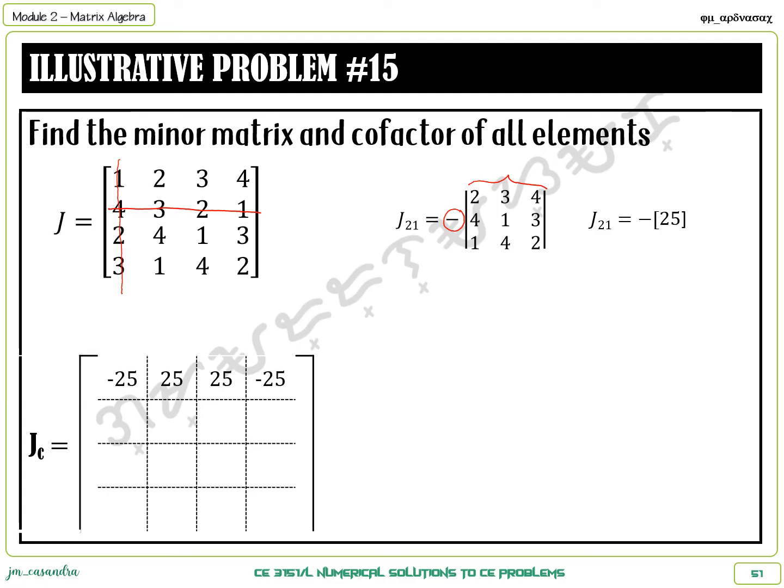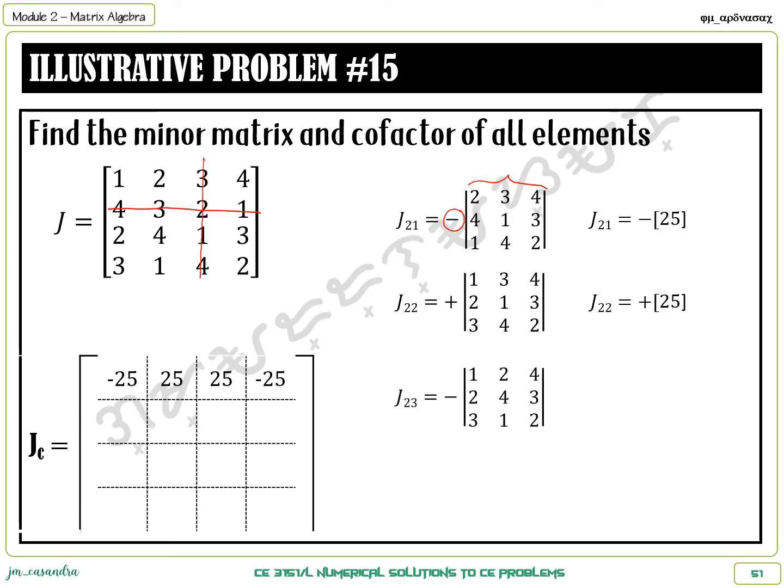And then for the next element, we have 2, 2. So this is your cofactor, which is positive, and computing for the value, that will now be 25. For our next matrix element, 2, 3, which is equal to negative 25.